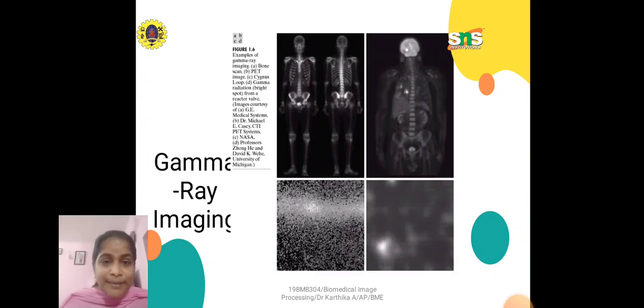This image shows gamma ray imaging. Actually we have different kinds of imaging techniques. This is an example of gamma ray imaging. It is a bone scan. The first one represents the bone scan, the second one is a PET image, and the third and fourth represent gamma ray imaging.